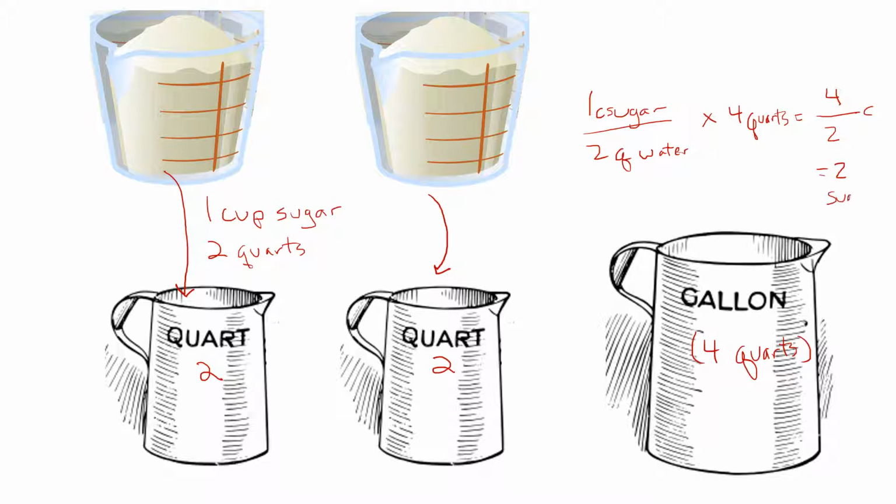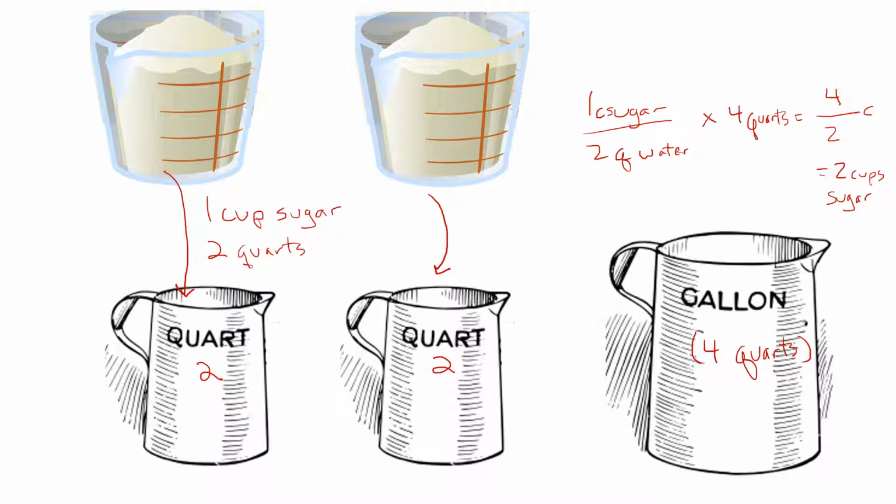That's easy math. You probably saw right away, as soon as we were making 4 quarts, if we're adding 1 cup to every 2 quarts, we're going to add 2 cups to the 4 quarts.